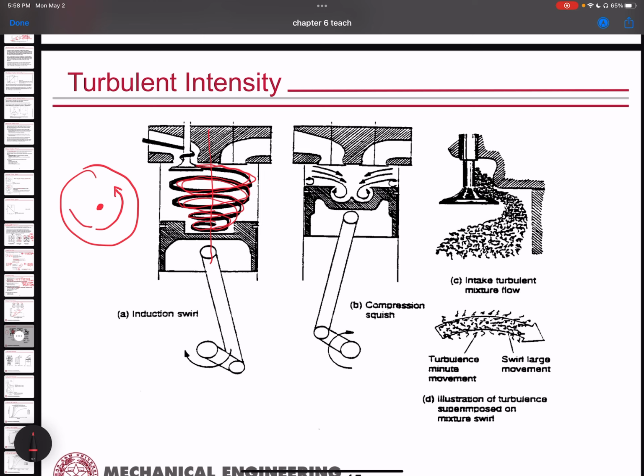Or, it could be in the opposite direction as well. It doesn't have to be counterclockwise or clockwise motion, but it's basically swirl around the center point of the axis. So we can purposefully introduce that swirling motion in the fluid as early as during the intake stroke, right?